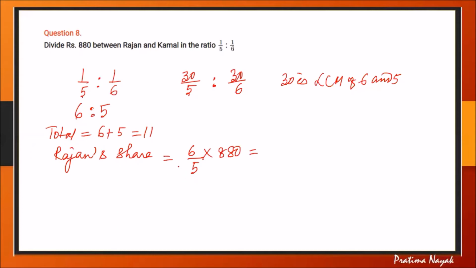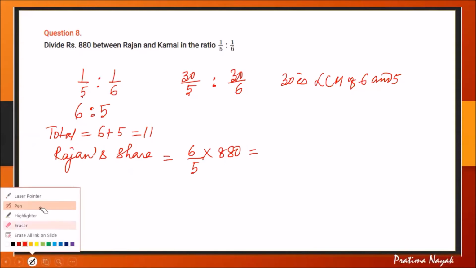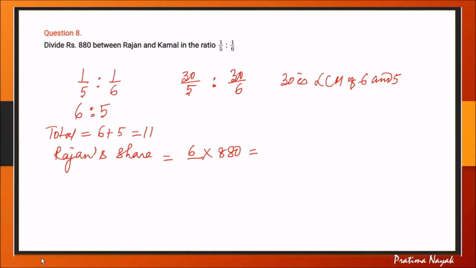Sorry, very sorry, 6 by 11. Why 6 by 5? The total is 11. Then you cancel 880 with 11, so you will get 6 into 80. 8 times 60 is equal to 480.